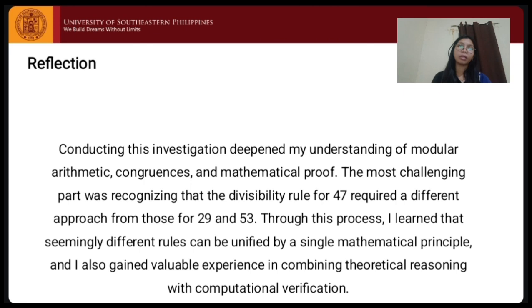It is also relevant for high school teaching, because it gives a new way of finding divisibility by having a general form or general theorem for primes like 29, 47, and 53.